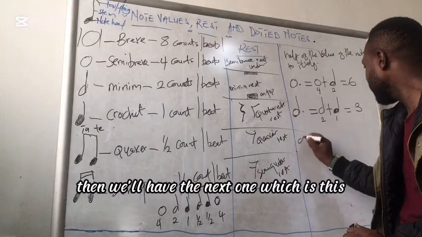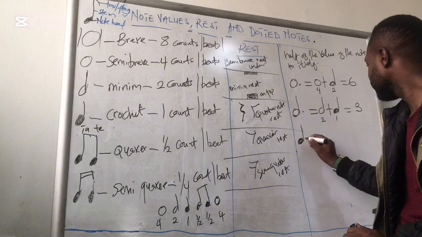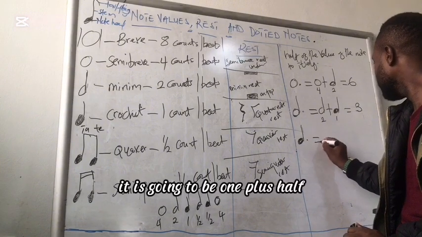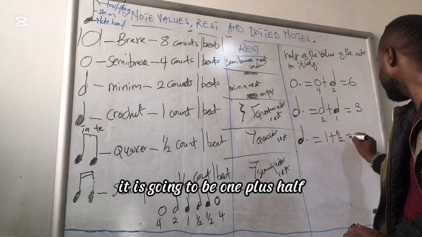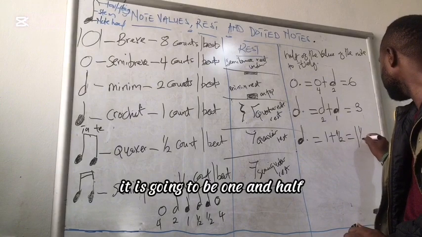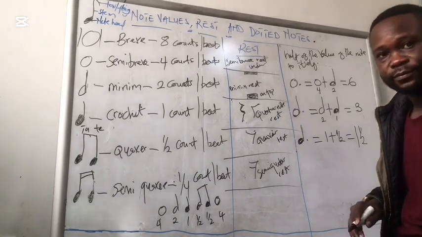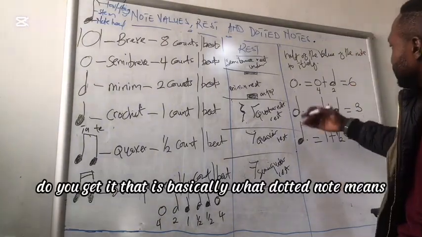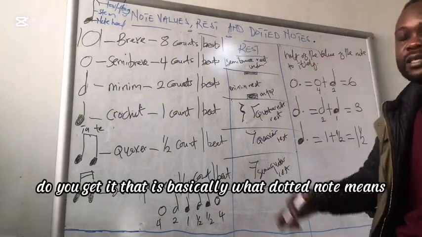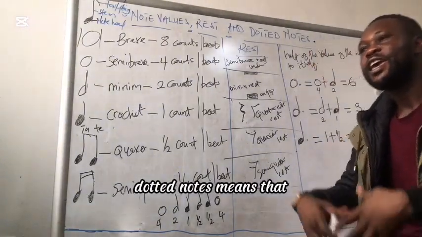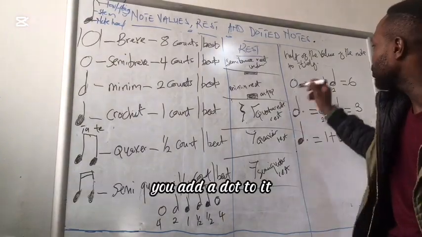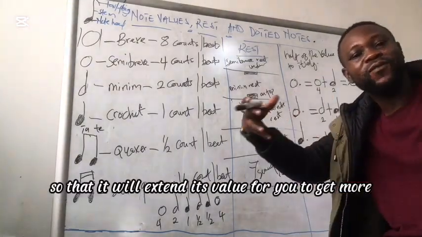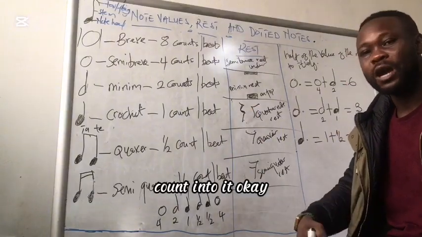Then we will have the next one, which is going to be 1 plus half. This is going to be 1 and a half. Do you get it? That is basically what a dotted note means. If you are supposed to sing more than the value given, you add a dot to it so that it will extend its value for you to get more counts into it.